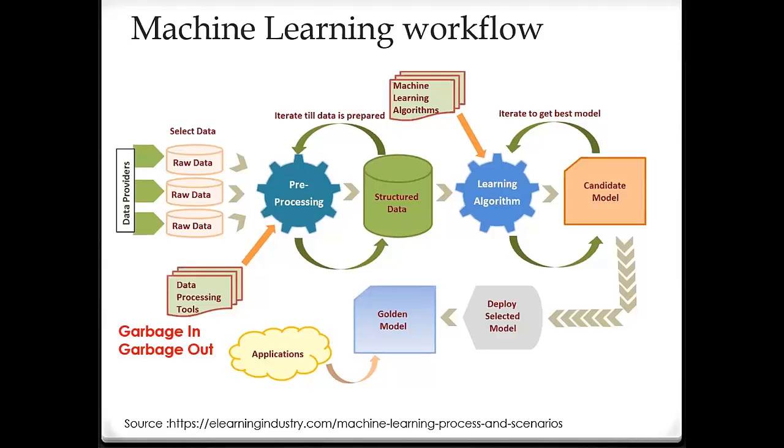So you have your raw data, and you are going to have some data processing tools, which I will show in a later slide, so that you structure your data depending on the data type. If it's text data, you do one thing.